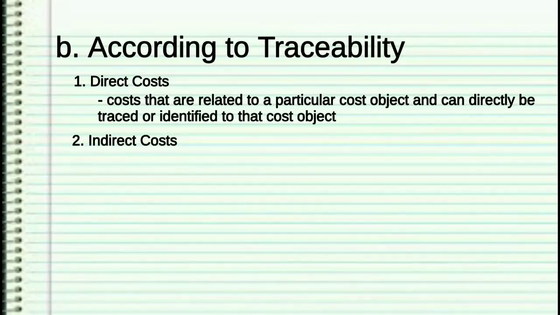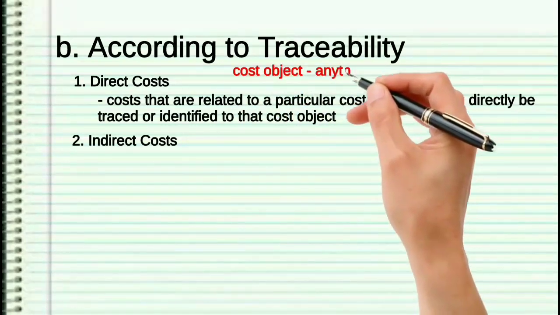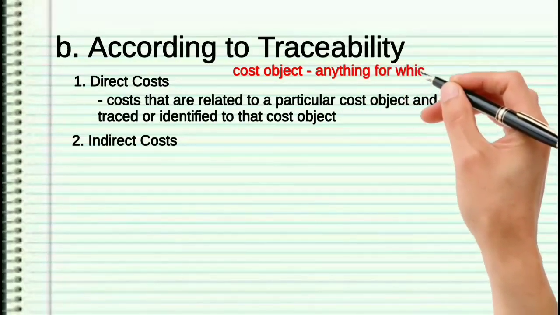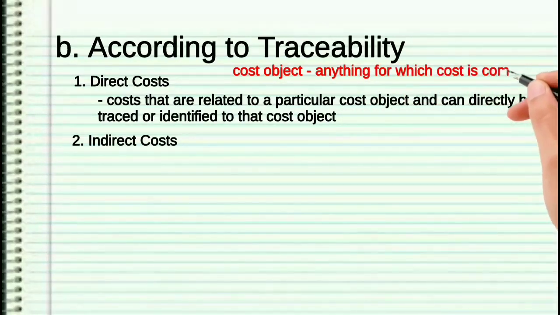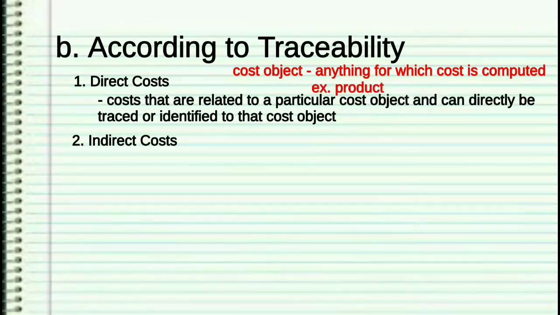Para maintindihan nyo kung ano bang ibig sabihin ng direct cost, kailangan nyo munang alamin kung ano bang ibig sabihin ng cost object. Ang cost object, this is basically anything for which cost is computed. For example, kino-compute mo yung cost ng product. Then, the product itself is the cost object.